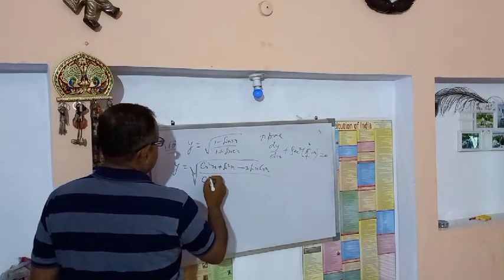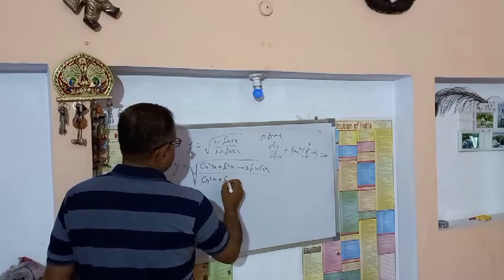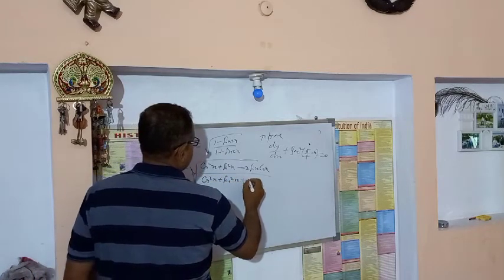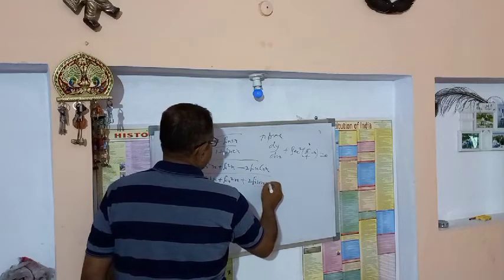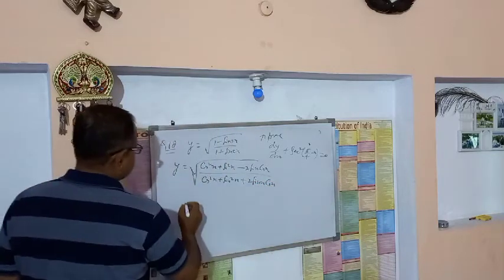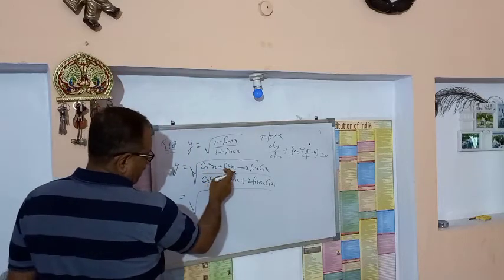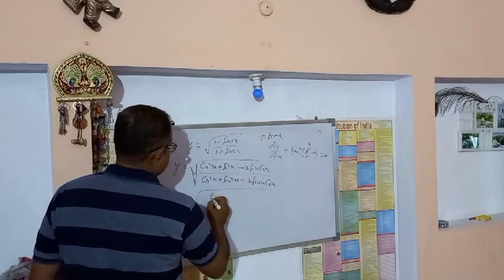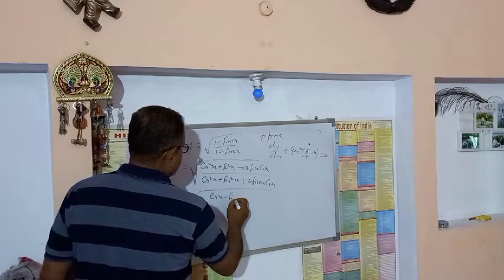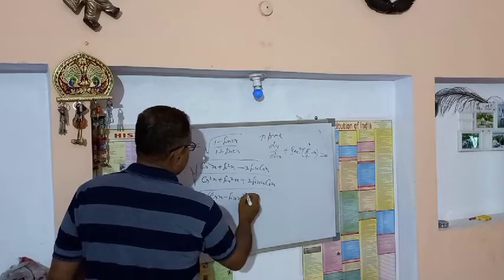In the numerator, cos square x plus sin square x minus 2 sin x cos x is a square plus b square minus 2ab, so we can write cos x minus sin x whole square.